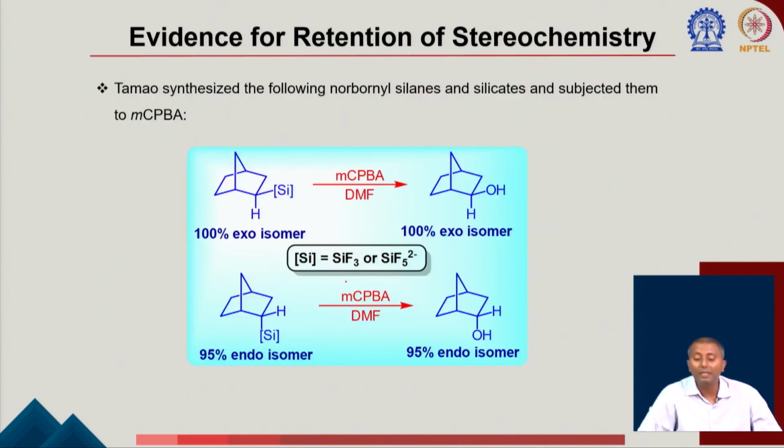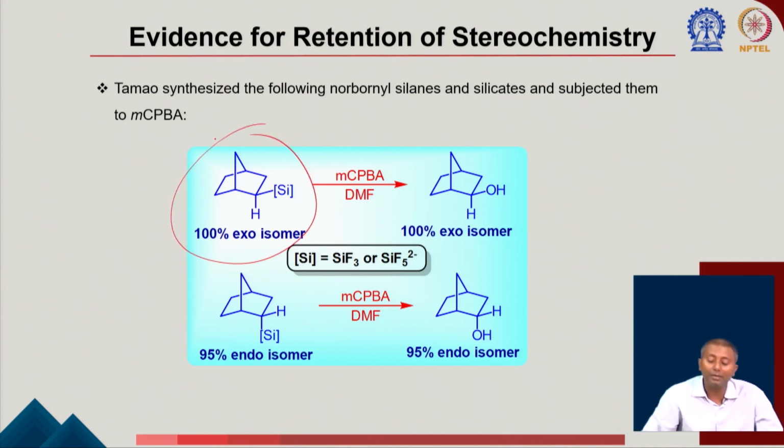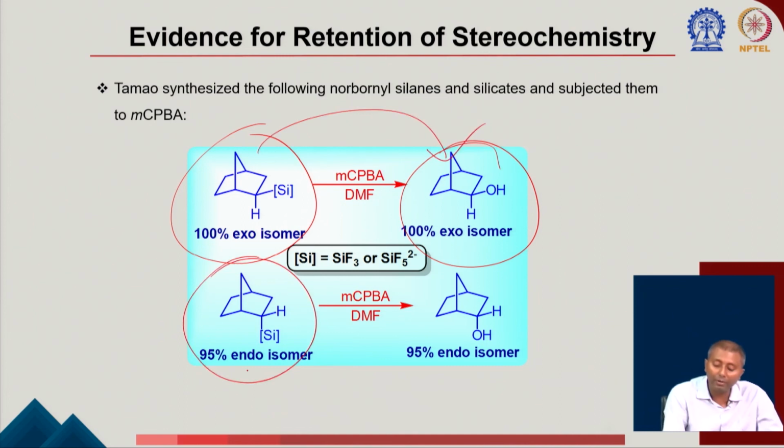I mentioned at the beginning that there will be retention of stereochemistry in the Tamao or Fleming oxidation. If you start with 100% exo isomer under the standard condition, you end up getting 100% exo product. Very similarly, an endo isomer will give you the endo product.